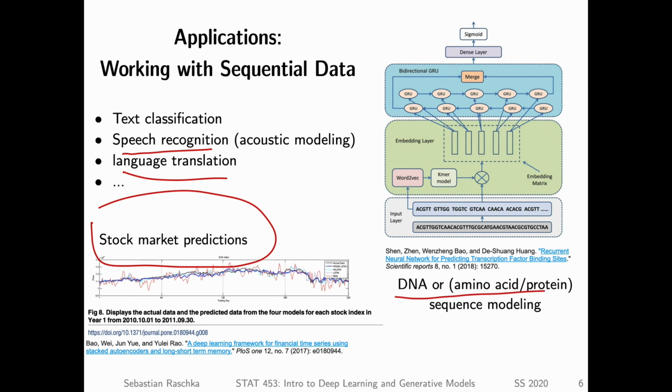And DNA and amino acid sequences. Amino acids are the building blocks of proteins, and they can also be written as a sequence. They are similar to text data because we have letters here. In the case of amino acids, we have 20 different letters. In the case of DNA, we only have 4 different letters, but they are very similar to text data.